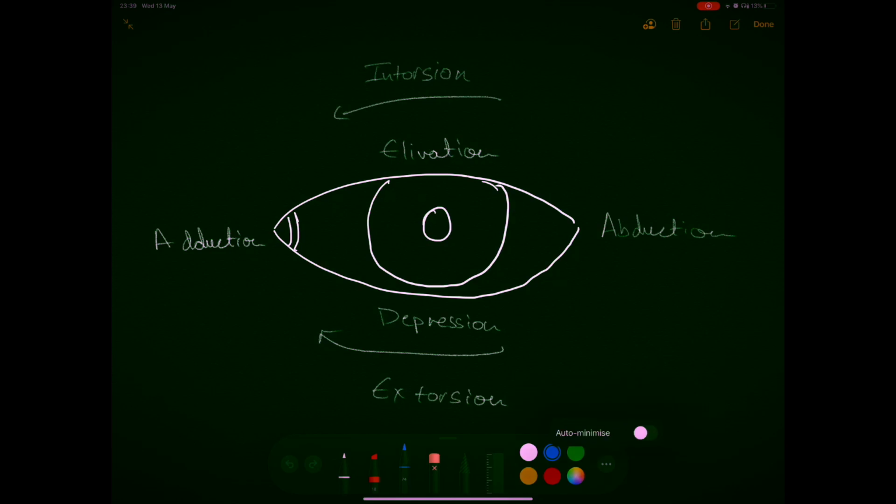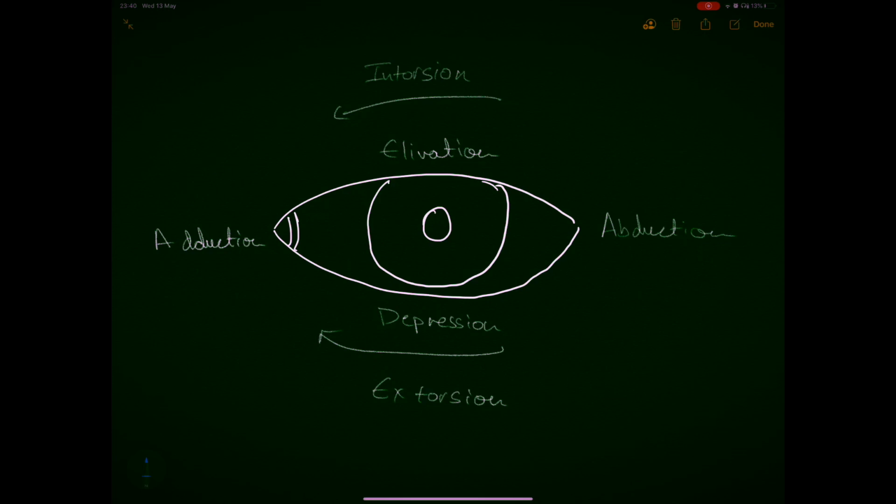Alright, so finishing off with the movements of the eye, which are mediated by the extraocular muscles in the orbit, in particular the recti and oblique muscles, with the exception of levator palpebrae superioris, which is responsible for the superior eyelid movement.